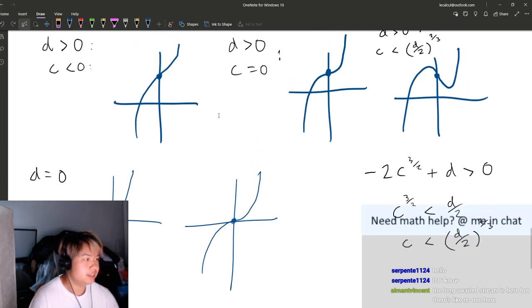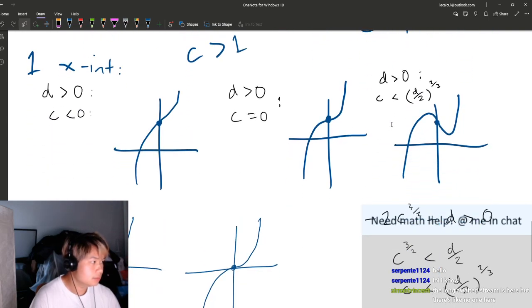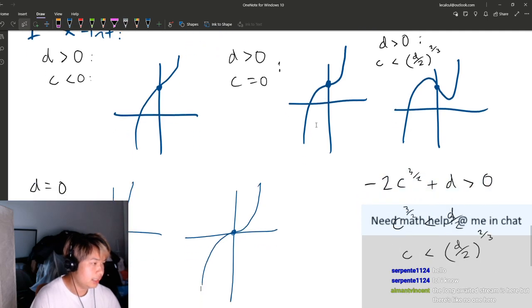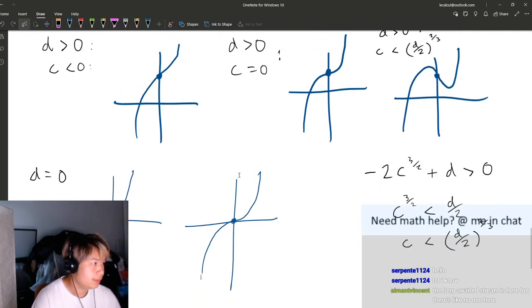And it's the first 2 scenarios here. Because the moment you create a maximum and a minimum, you're going to have 3 x-intercepts.